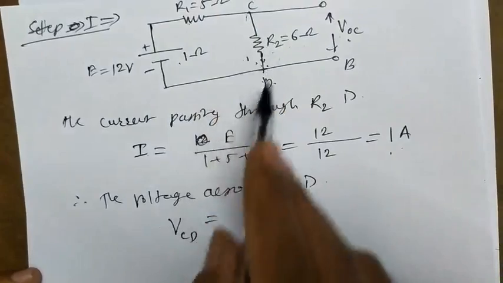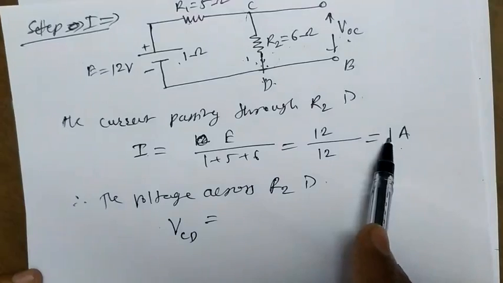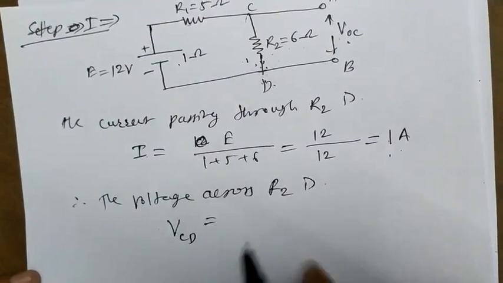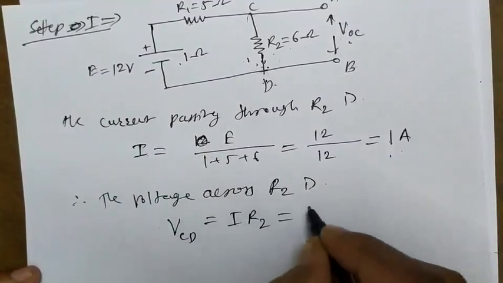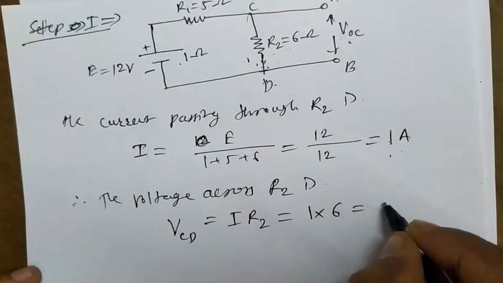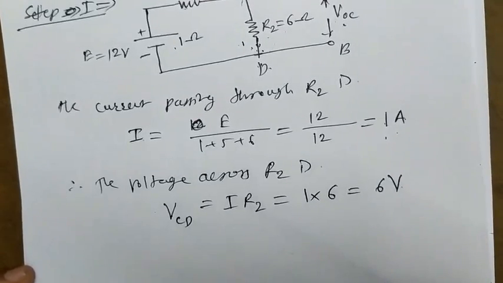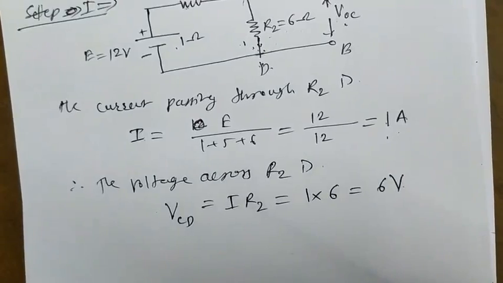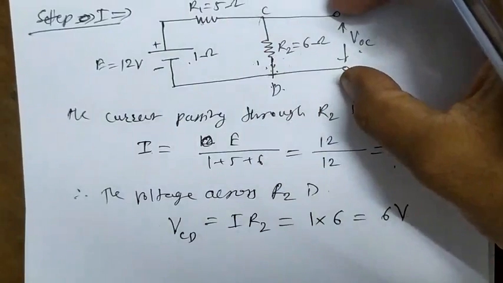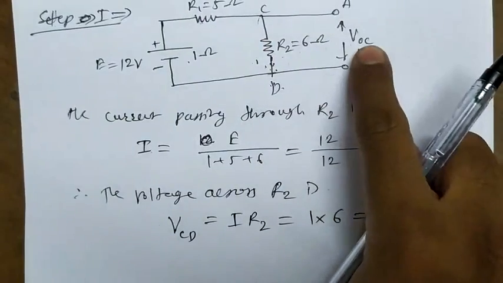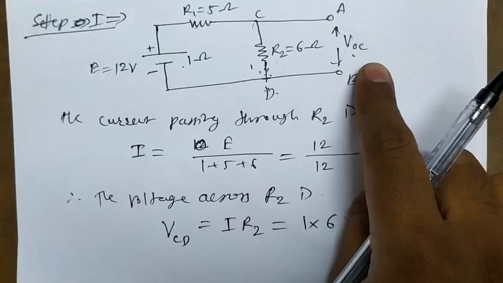Now we know that the current flowing through resistance R2 is 1 ampere, and the resistance is 6 ohm, so IR2 is equal to 1 into 6, that is equal to 6 volt. And we know that the voltage across CD is equal to the voltage across AB, and that voltage is the open circuit voltage, and the open circuit voltage is called the VTH, that is the Thevenin's voltage.